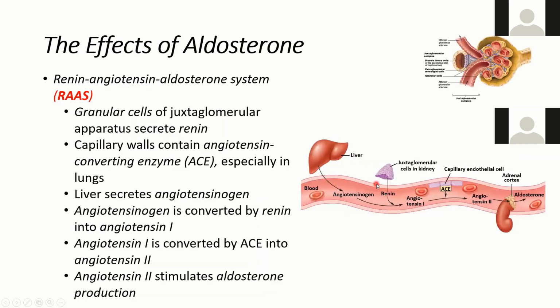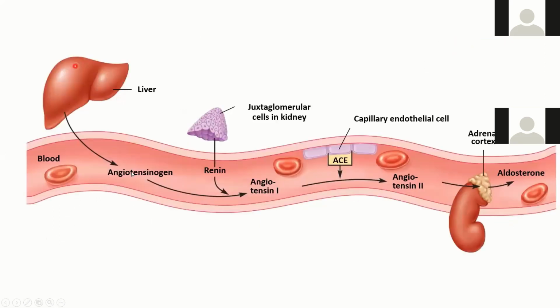So we looked at basically this flow of angiotensinogen being produced by the liver, and then renin being produced by juxtaglomerular cells in the kidney, specifically granular cells in the afferent arteriole, which convert angiotensinogen to angiotensin 1. And then they run into some ACE enzymes in the capillary endothelial cells, which convert it to angiotensin 2, which tells our cells to secrete aldosterone, which ultimately is going to basically cause solute reabsorption.